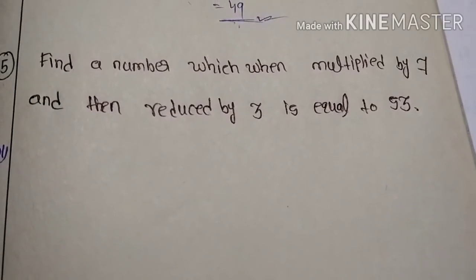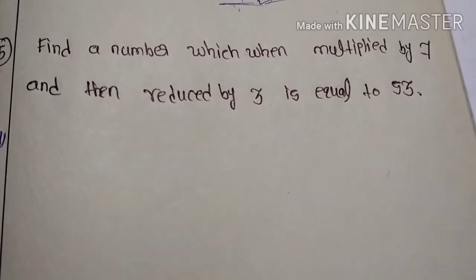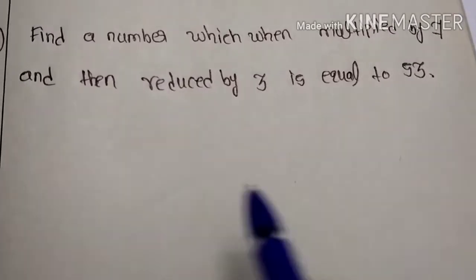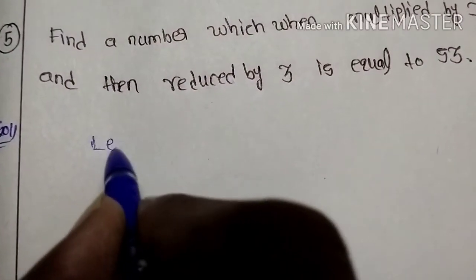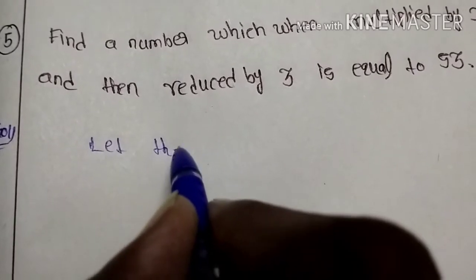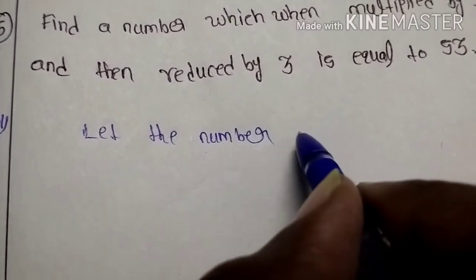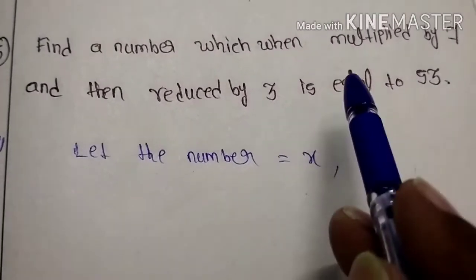First of all, you can try to read the question carefully and understand what we need to find in the question. See here, find a number. That means first of all I am taking, let the number be x only.